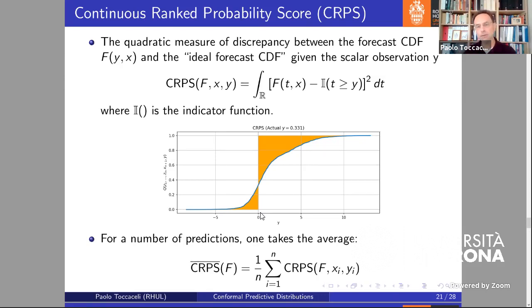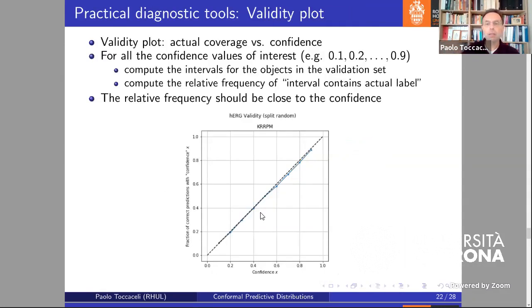And you could argue that it is the difference between the actual value of the CRPS that you get with your predictions and this minimum that really quantifies the skill of the forecaster or the quality of your predictions. So I'm going to talk now about the practical diagnostic tools, because the problem with the methods that I just talked about is that they are theoretically nice, but it's a bit hard to have a direct interpretation, whereas the two diagnostic tools that I'm talking about are direct.